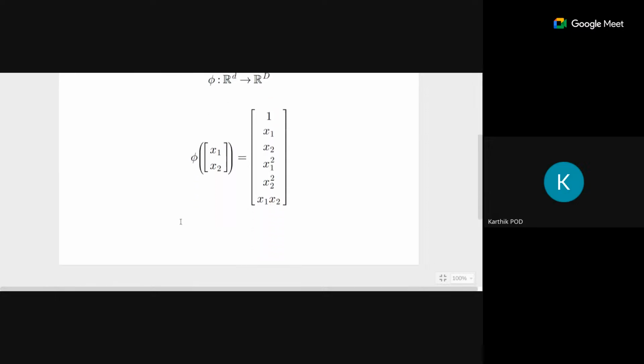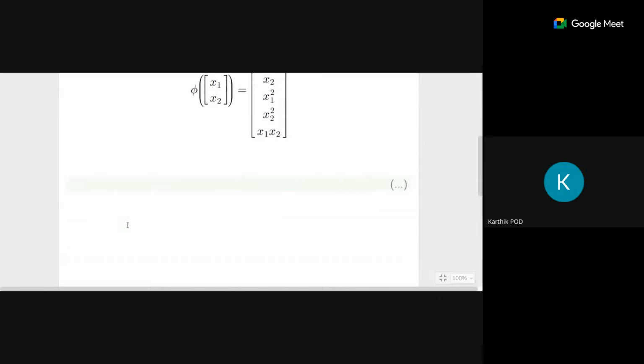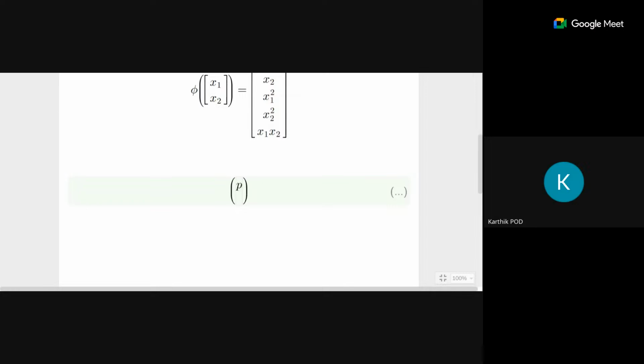Now, typically phi is not explicitly given to us. And computing phi for every data point is going to be a really hard task, right? Because that will again blow things up. So there is another formula that I mentioned last time, right? If you have p as your polynomial's degree, and if you have D features, then these are the number of features of your transform space.